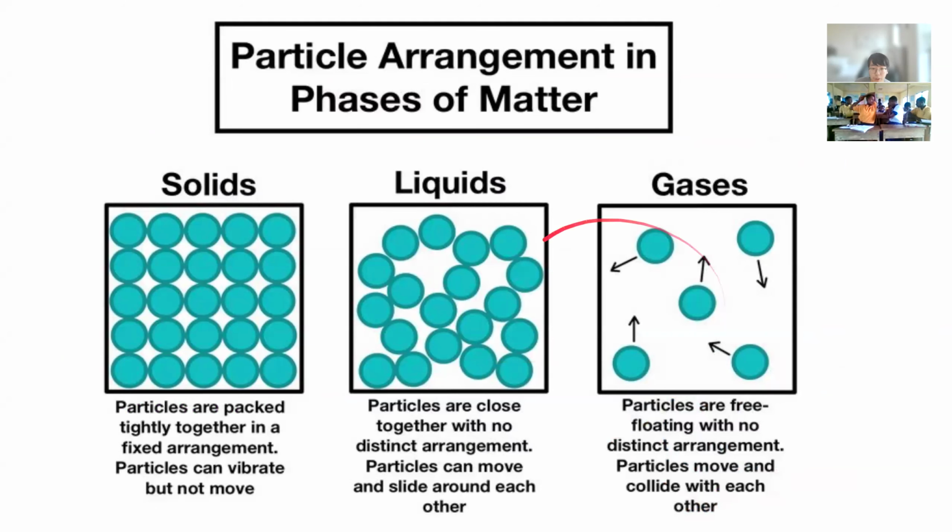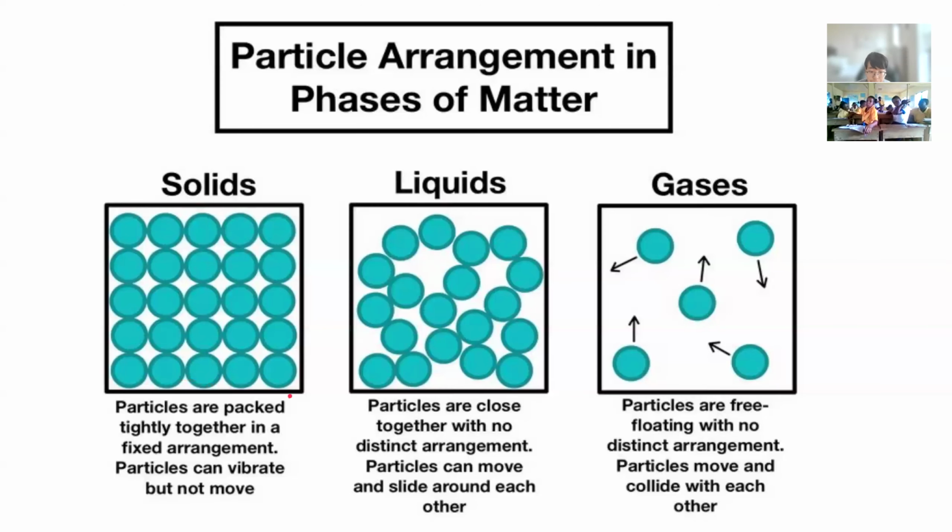So here we have particle arrangements of solids, liquids, and gases. We can see that there are spaces for gases, a lot of spaces in between. For liquids, we also have some spaces in between, so the particles are able to move around freely.